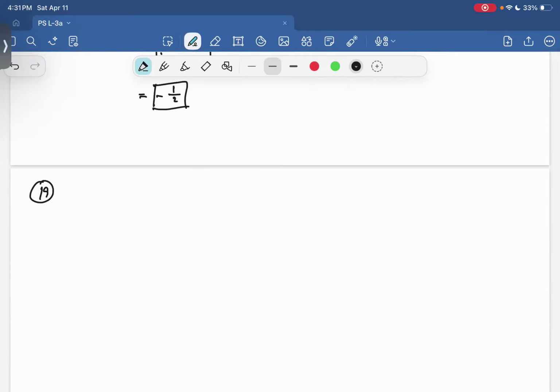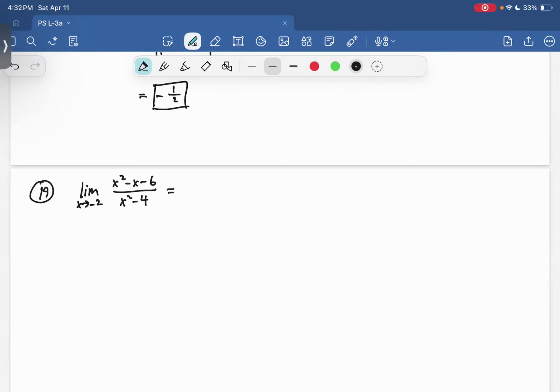Question 19. As x approaches negative 2, if you plug that in, you are going to get 0 over 0.